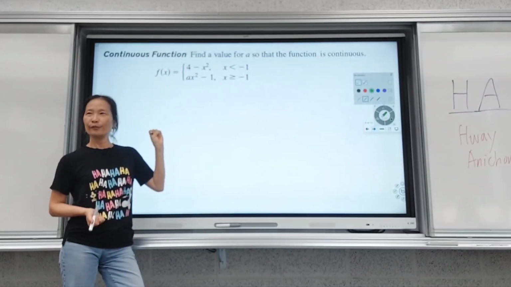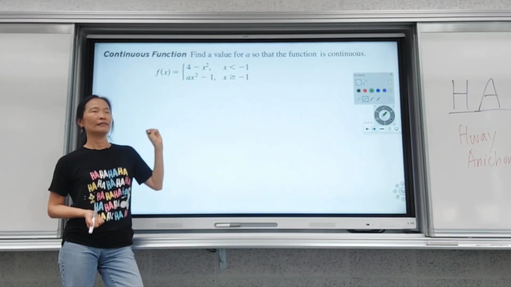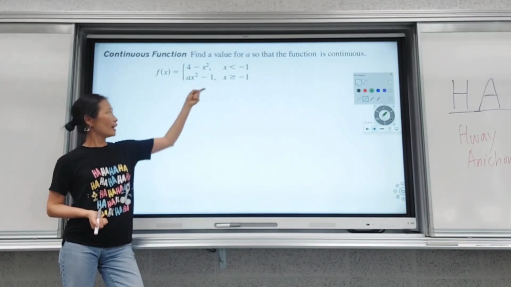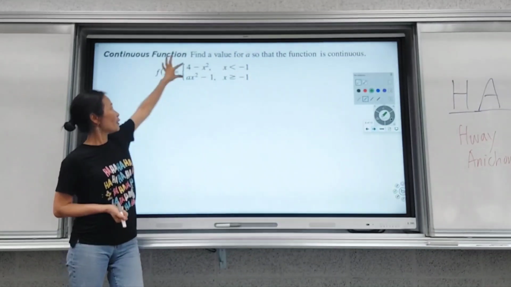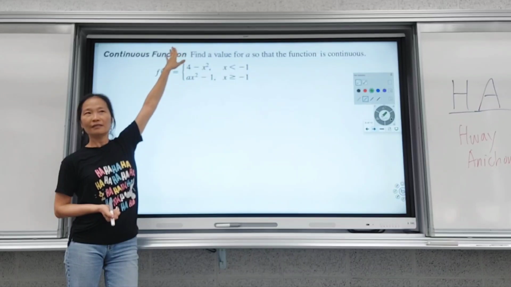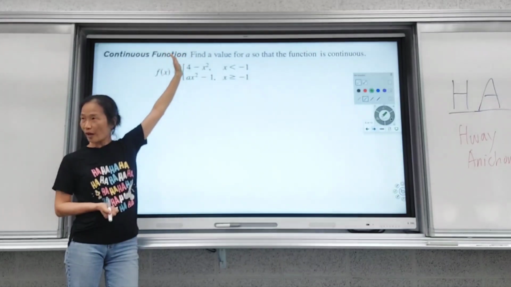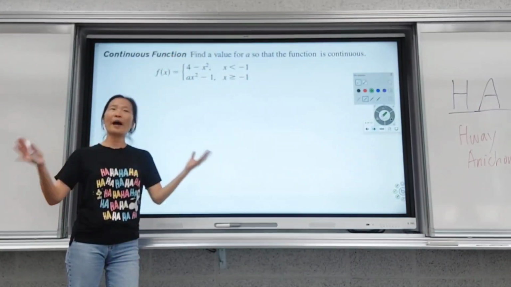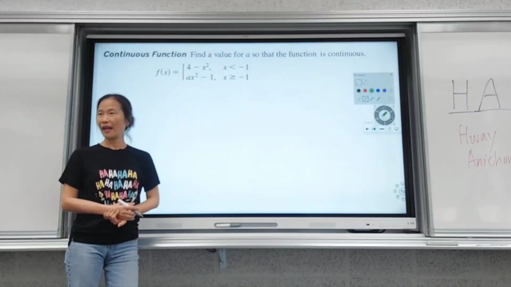X equal to -1, because what type of function are they? Look at the power. It's quadratic, and quadratic is part of the polynomial family, right?